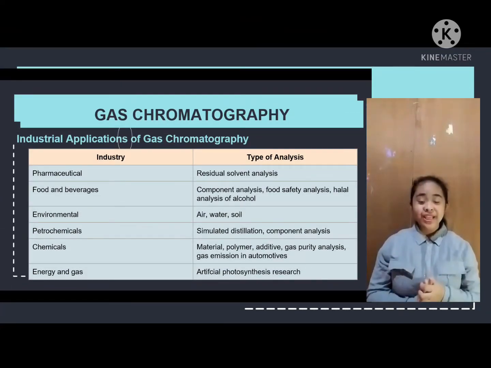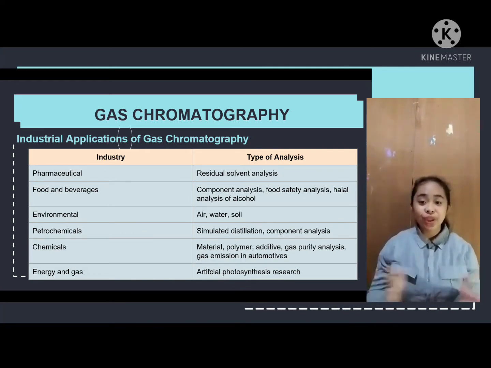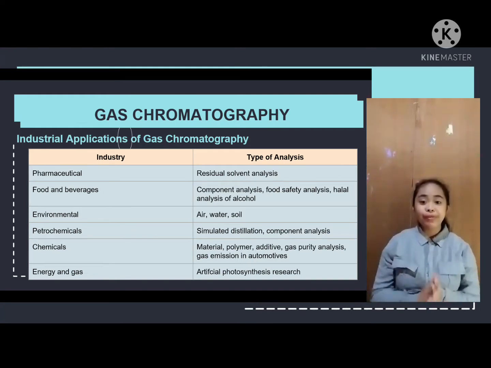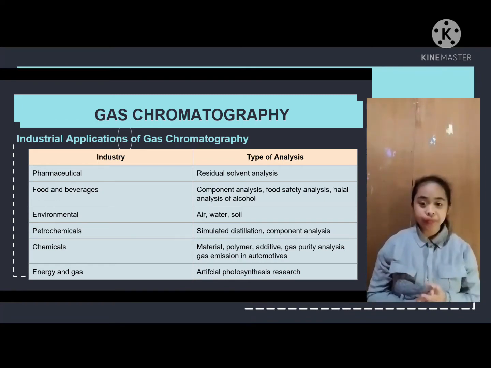Gas chromatography is a widely used technique across most industries, including pharmaceutical, in analyzing residual solvents. We also have food and beverages, in component analysis, food safety analysis, and halal analysis of alcohol.